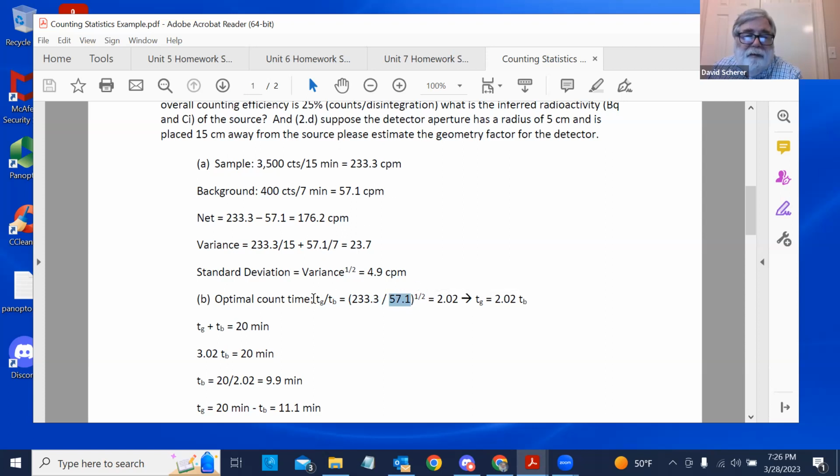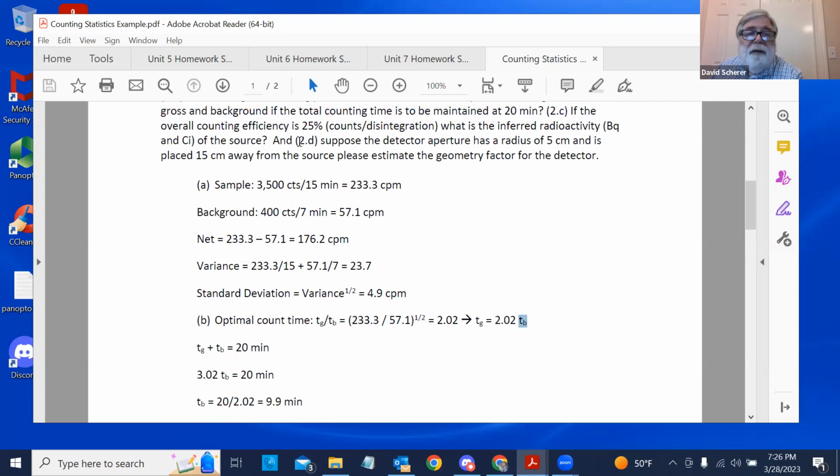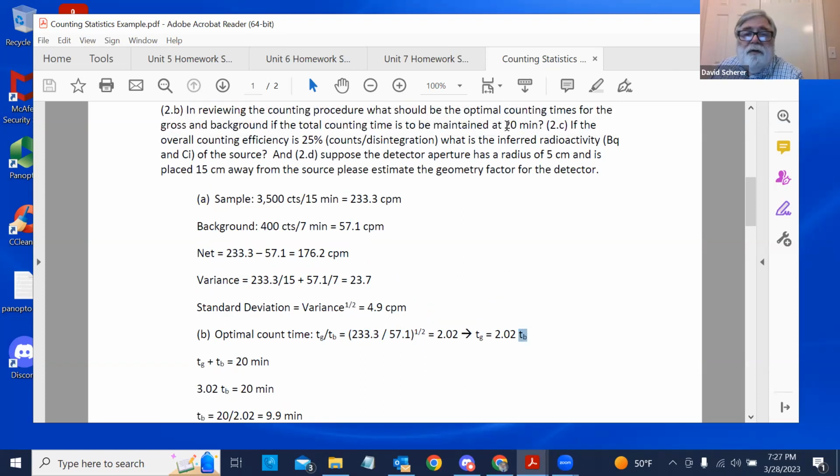If you look at the square root of this ratio, it's 2.02. So that tells me that the time for the gross counts should be twice as big as the time for the background counts. Now the problem tells me I have a total time of 20 minutes to do this in.